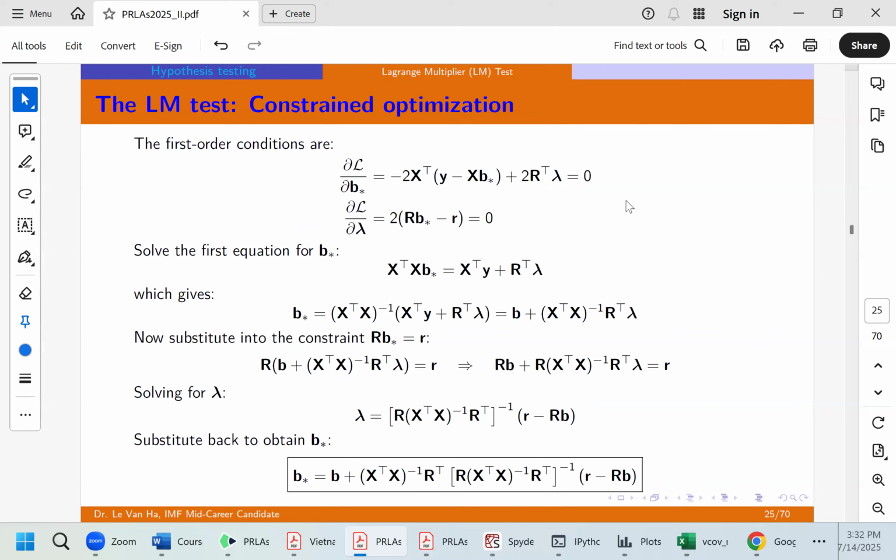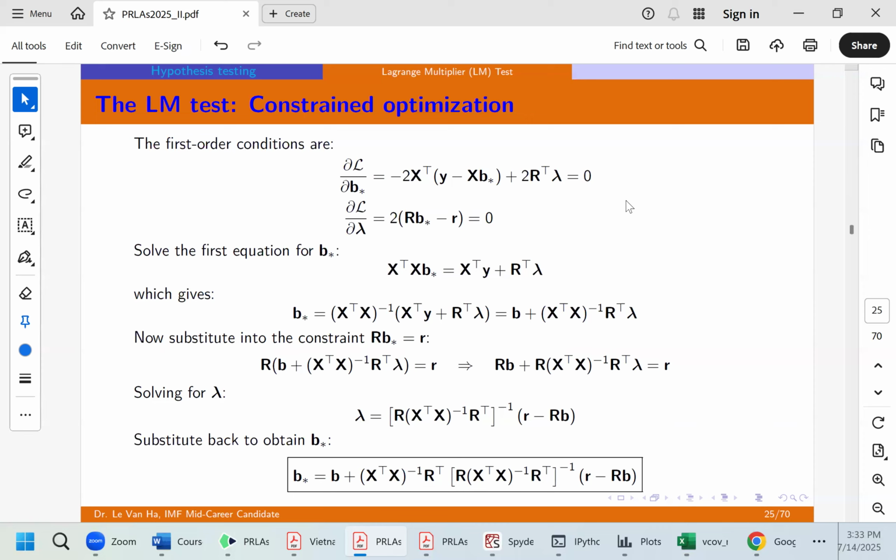If we take the first order with respect to the Lagrangian multiplier, we have this one, and following certain derivation, finally we will have that beta star, the restricted one, is equal to b, the unrestricted one, plus this component. You can go from here to here on your own.